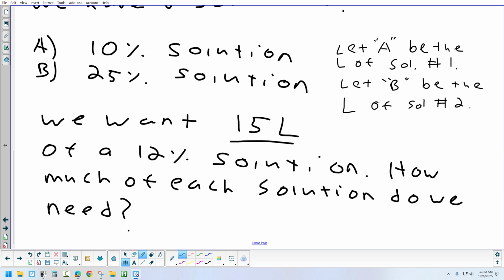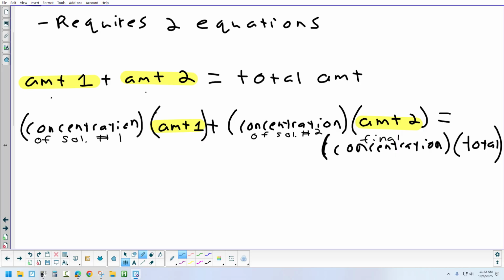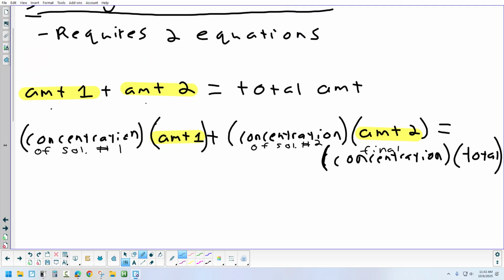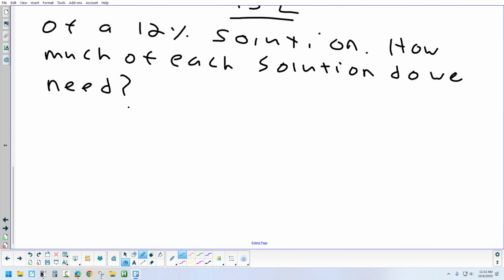You add. The amount of solution 1 plus the amount of solution 2 equals the total. So what's going to be our first equation, substituting in our letters for amount 1 and amount 2? A plus B equals how much total? 15. Okay, so there's your first equation.